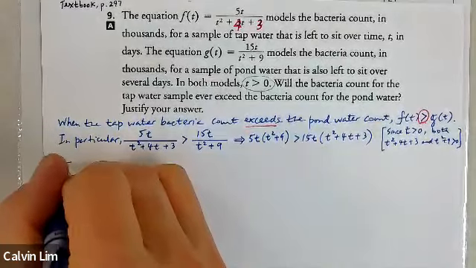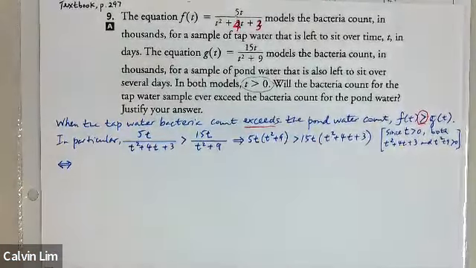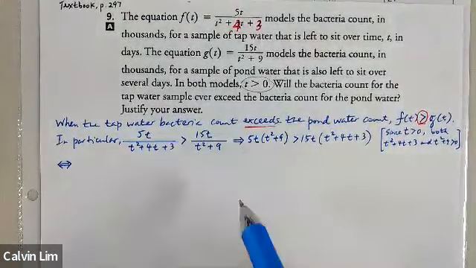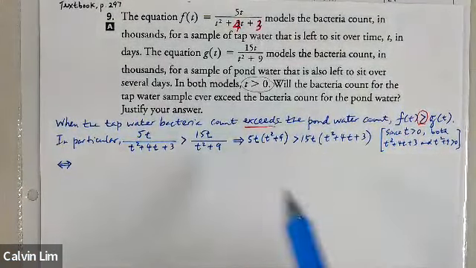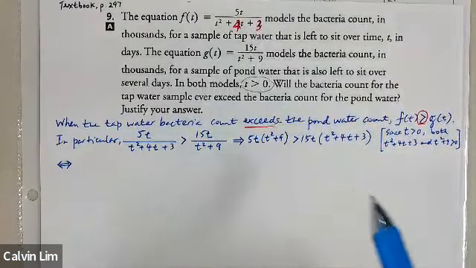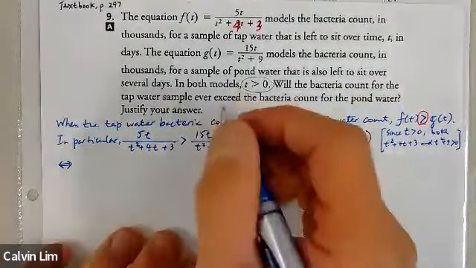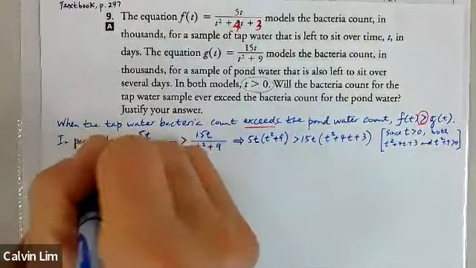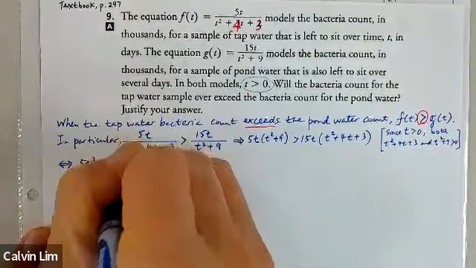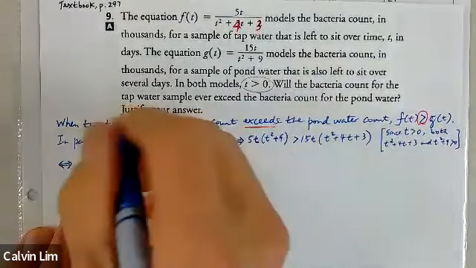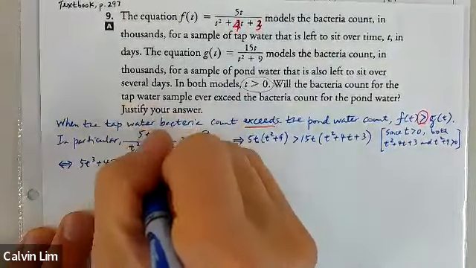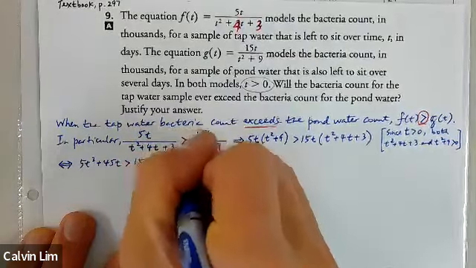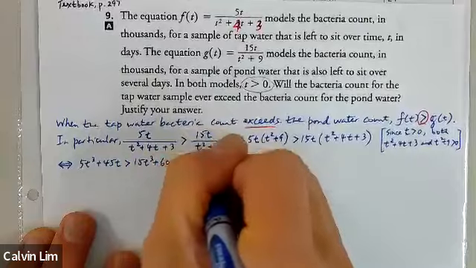Now this essentially is a polynomial inequality. To solve it, we expand, simplify, and make one side of the inequality 0. Expanding the left side gives me 5t cubed plus 45t, greater than the right side, 15t cubed plus 60t squared plus 45t.